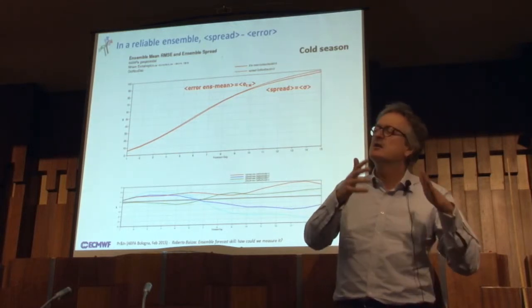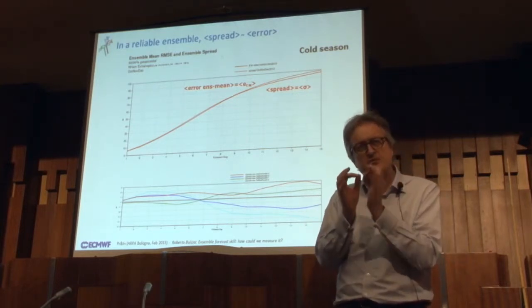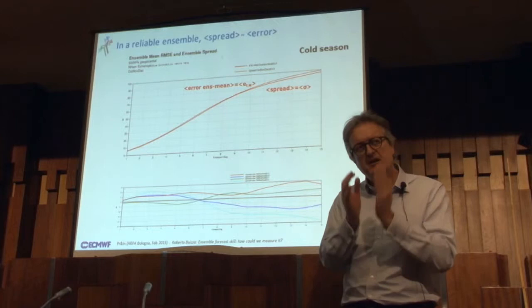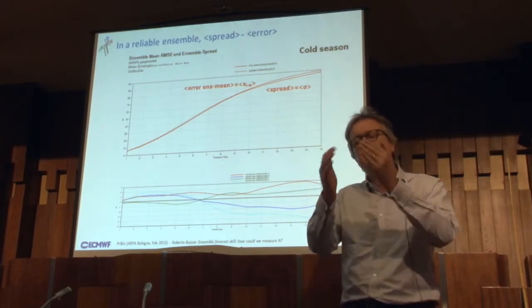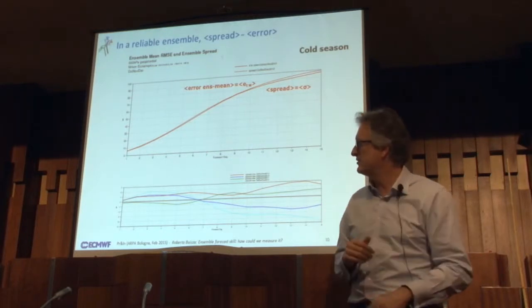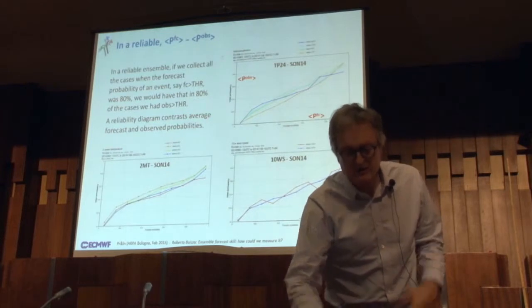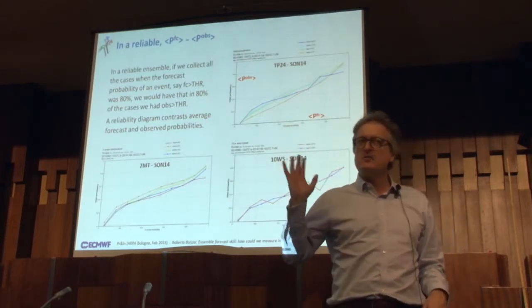In summer, where the moist processes count more, the linear model and adjoint have a poorer simulation of them, the linear approximation is not as valid, and so the system works less well. This is why the two are not exactly the same, okay? So that was one measure of reliability.